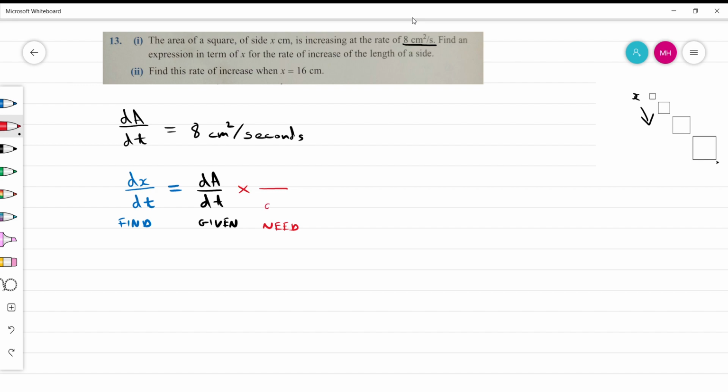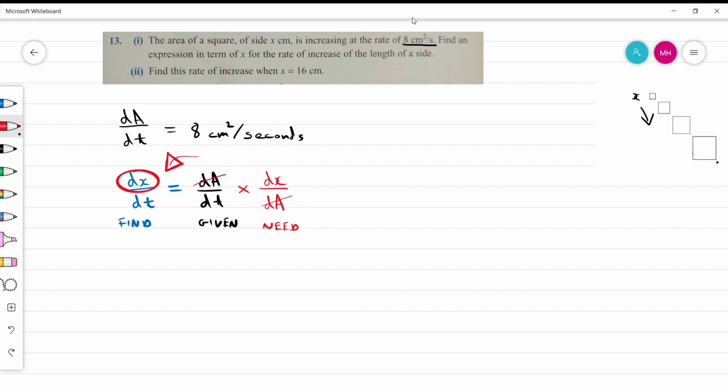This is the way I do it anyway. Okay? And on the right-hand side, we need a dx, we don't have any dx here. So if we put in dx here, the dA will cancel with this dA, and you'll be left with exactly that, dx/dt.